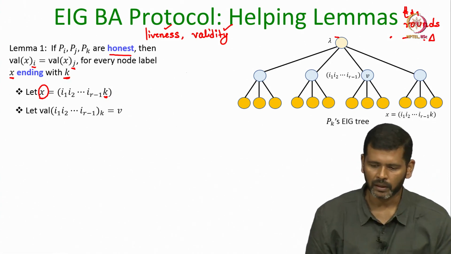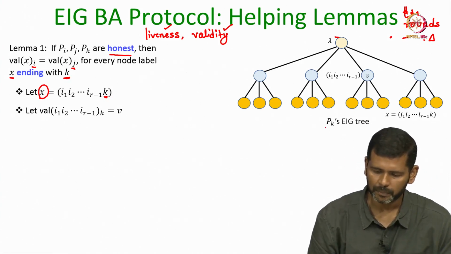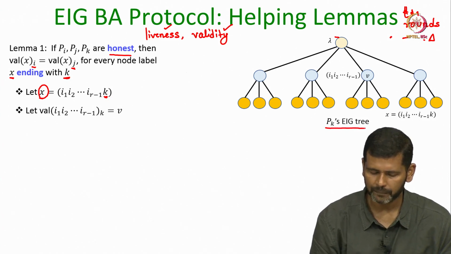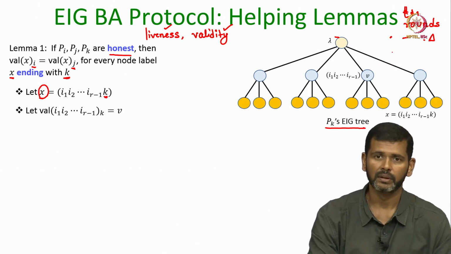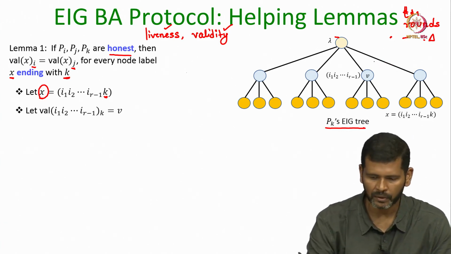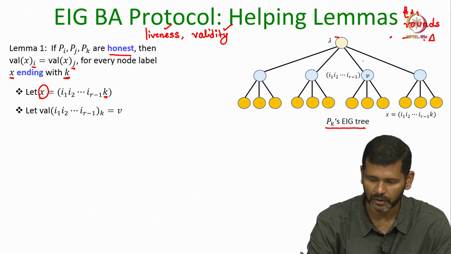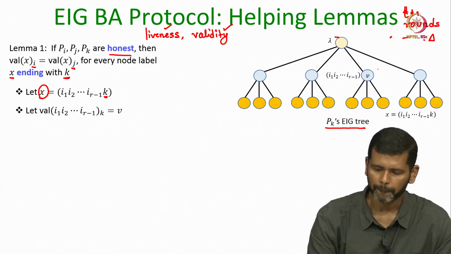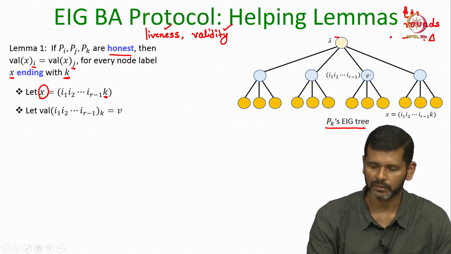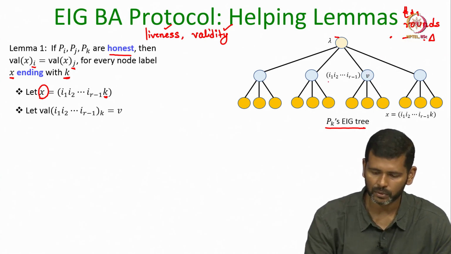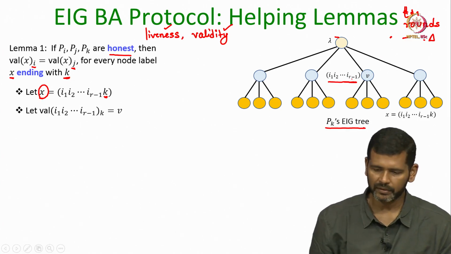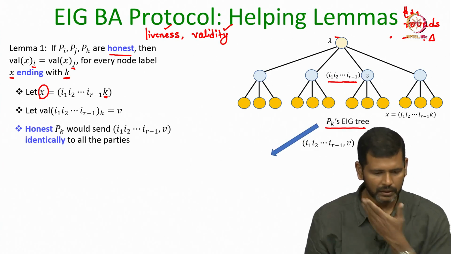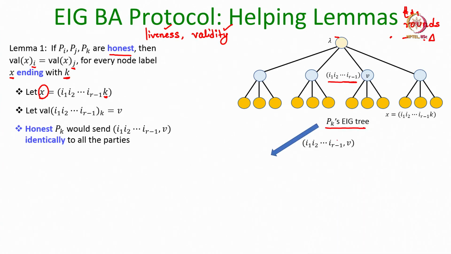Now, if we consider the P_k's copy of the EIG tree during round r minus 1, P_k would have assigned some value say v to the node with this label, and during the same round r it would have sent the following message to everyone.